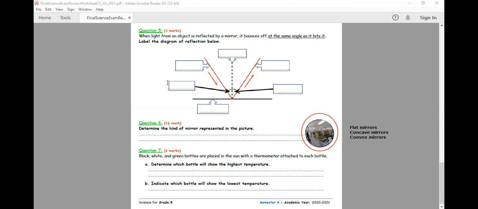So is it concave or convex? It's a convex mirror, since it gives smaller images.